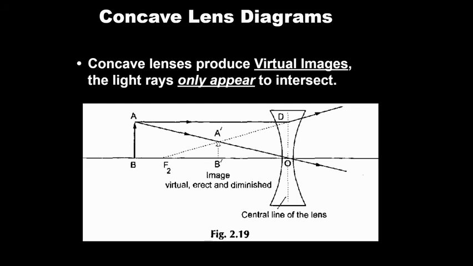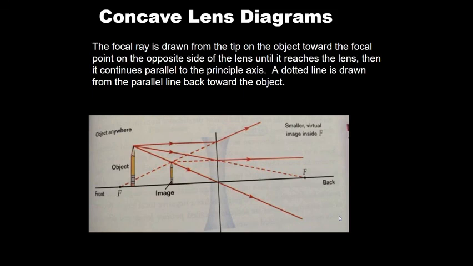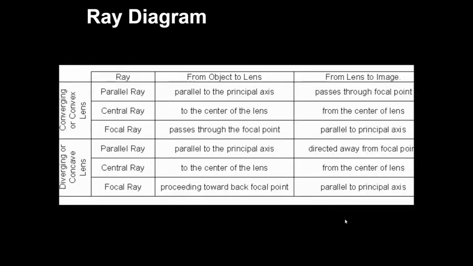I have some examples of the rays. This is the focal ray. And this chart may be helpful in describing how to draw each type of ray for the two different lenses.